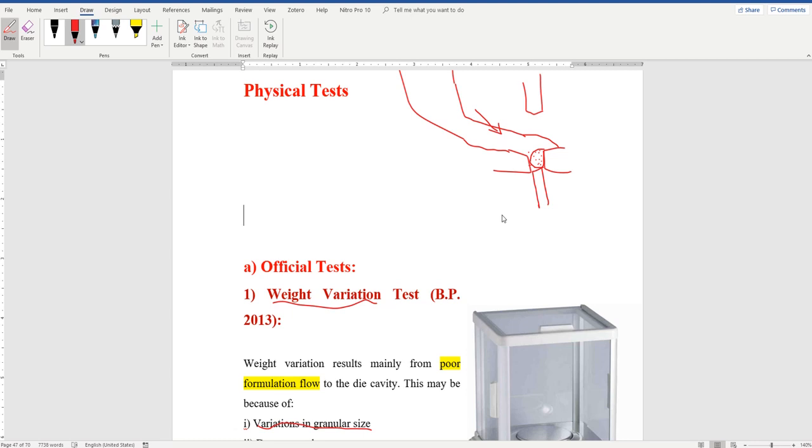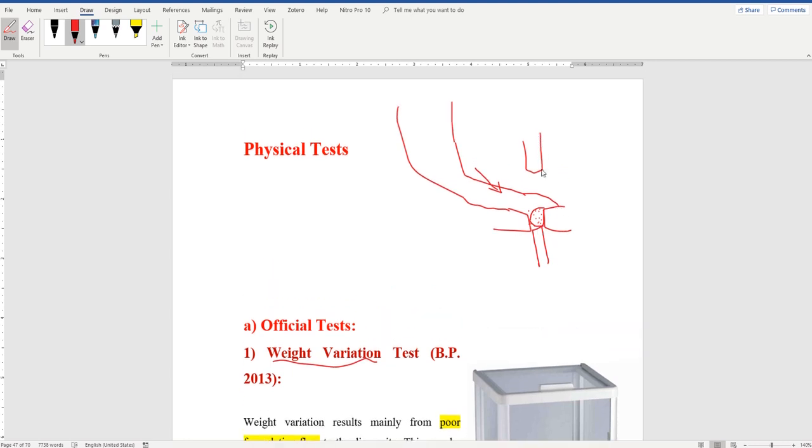Of course, usually among a group of tablets, the lower the weight, the lower its mechanical strength. When you don't have enough filling here in the die cavity, the upper punch descends here to do the compression, right?